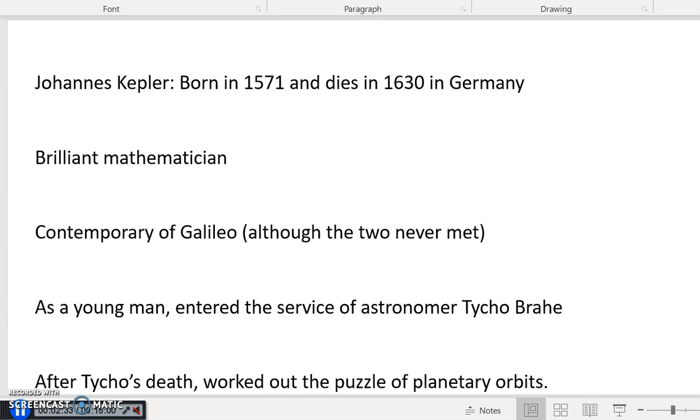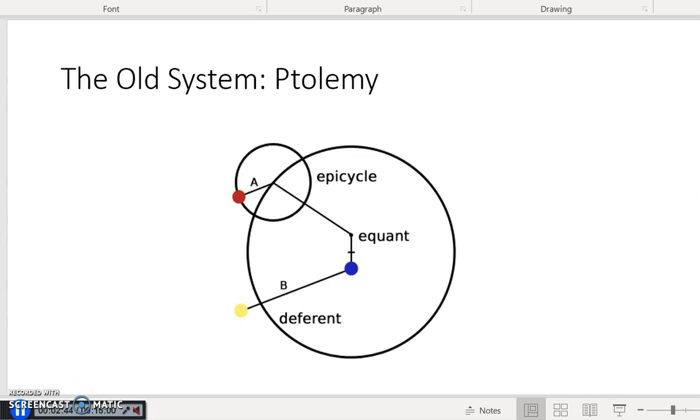Now, Kepler was actually hired by Tycho to solve the planetary orbit problem. And why were planetary orbits a problem in the first place? Well, in the old system, the accepted system at the time, at the beginning of the Renaissance, people by and large subscribed to the Ptolemaic system.